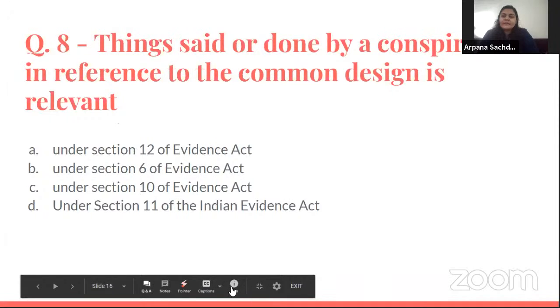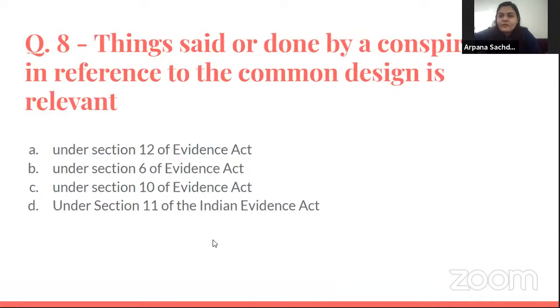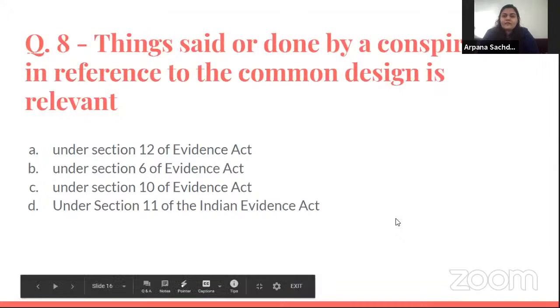Question number 8 says that things said or done by a conspirator in reference to the common design are relevant under section 12, 6, 10 or 11.